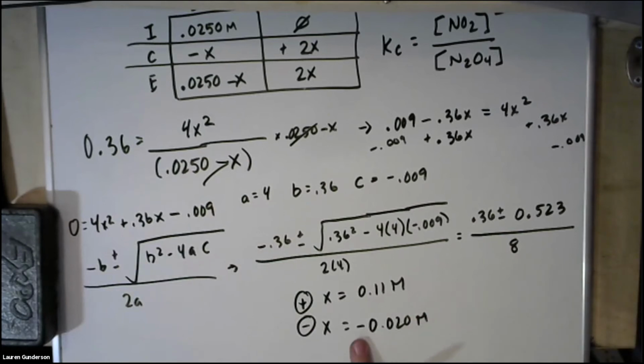Okay, we can't have negative concentration values. So right away, this one's even easier because when you get a negative x value, you're going to immediately discard it. Totally useless to you.